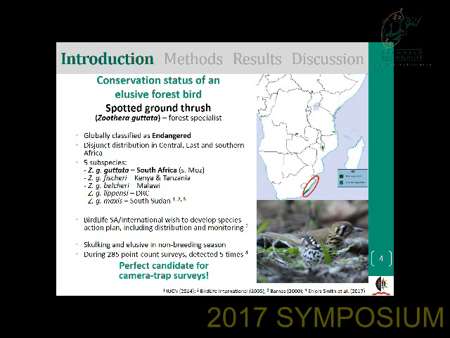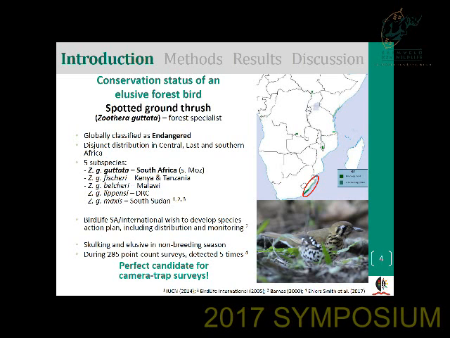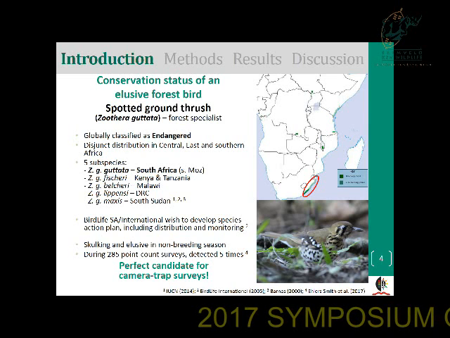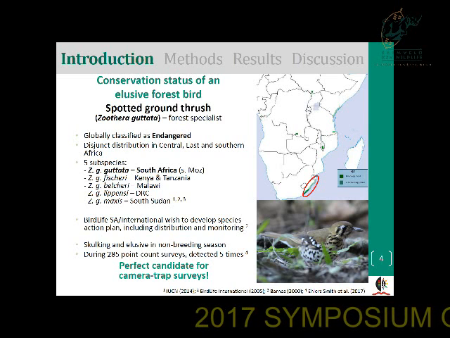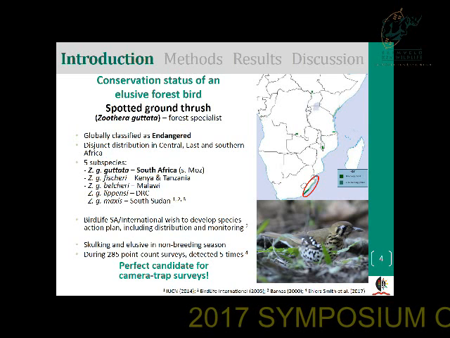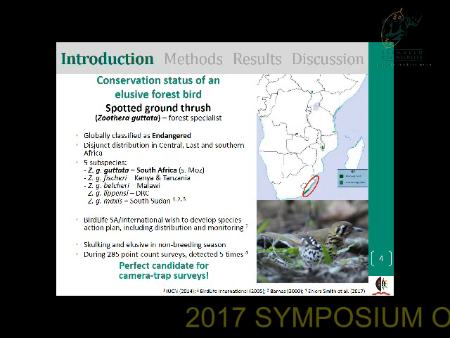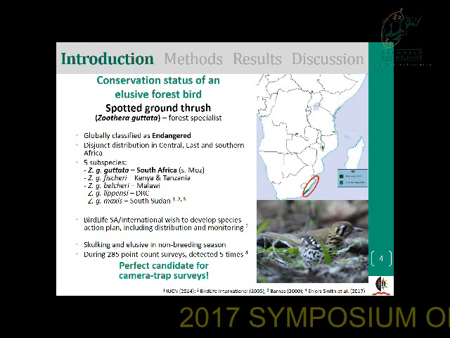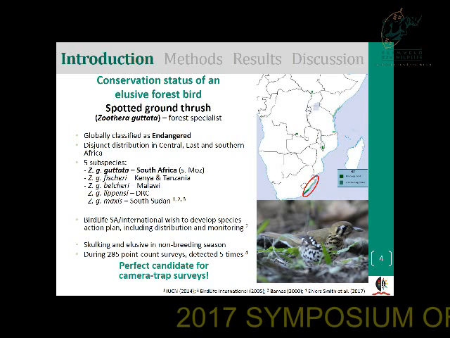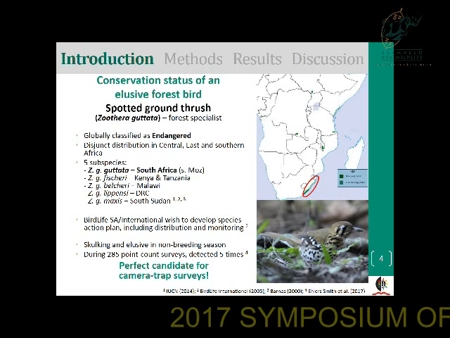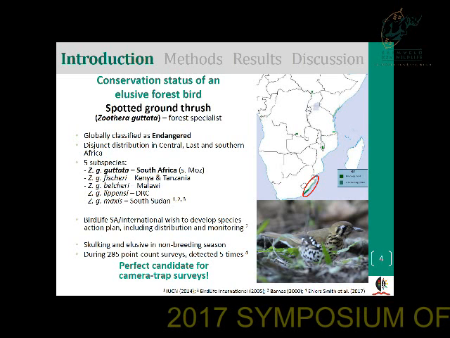We've got 5 subspecies, but I'm going to focus on the southern African subspecies, Zoothera guttata guttata, which we have on the east coast of South Africa, between the Eastern Cape up to the Mozambique border and almost certainly beyond into the Mozambique-Maputoland forests. So BirdLife South Africa and BirdLife International wish to develop a species action plan including baseline, distribution, mapping and monitoring of the species.